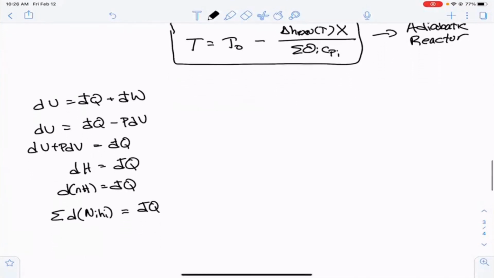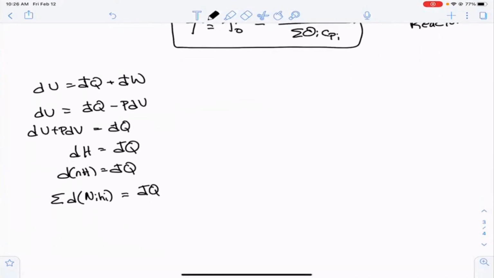Okay. And now we're interested in the batch reactor, how these things are going to change with time. And of course, dQ/dt is just equal to Q dot. It's just our rate of heat transfer out of our reactor. And we already have a definition for that.